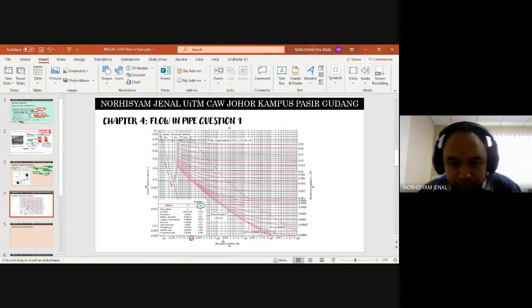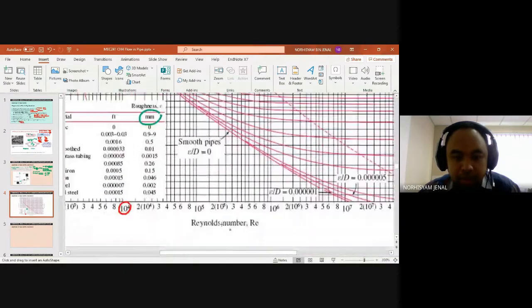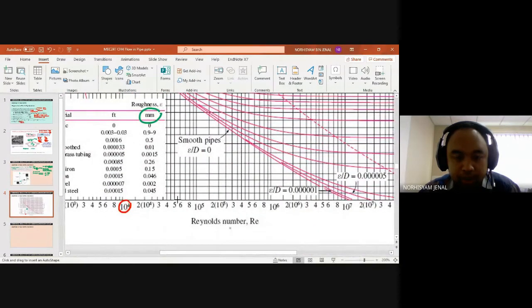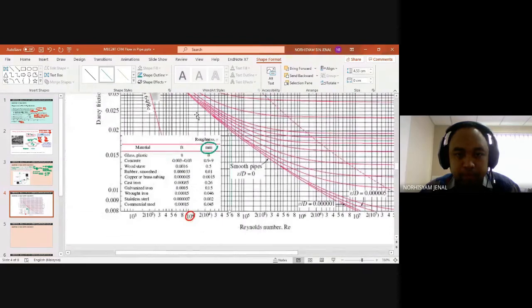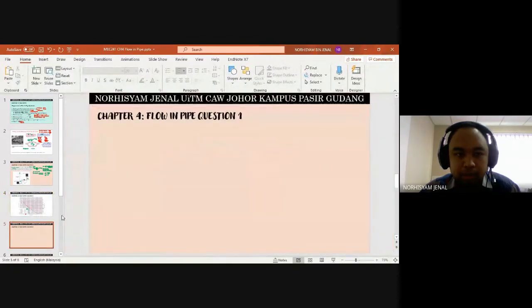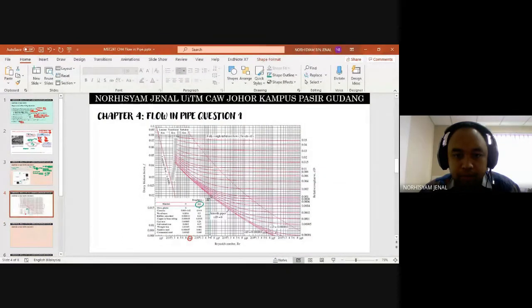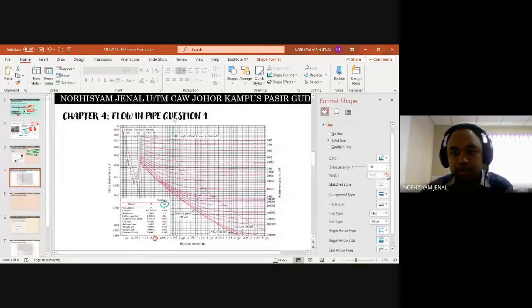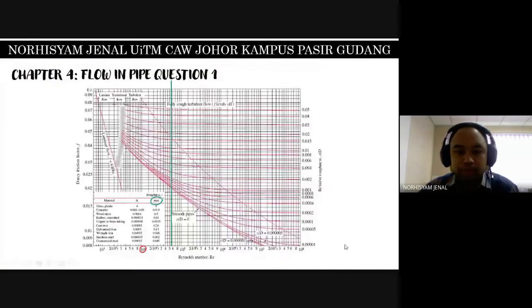Okay, so 5.6 might be here, and then the line will be going up to the top. So that will be my line.